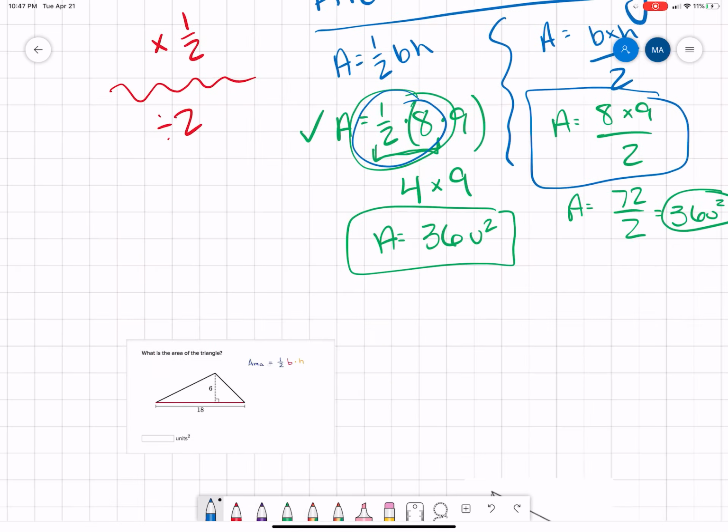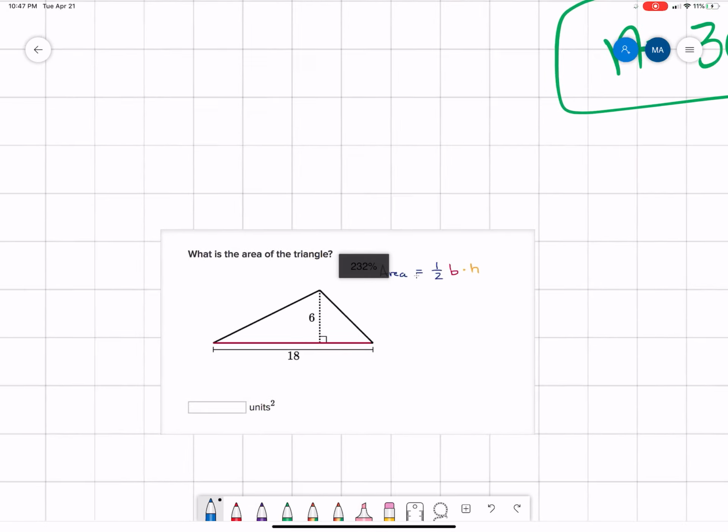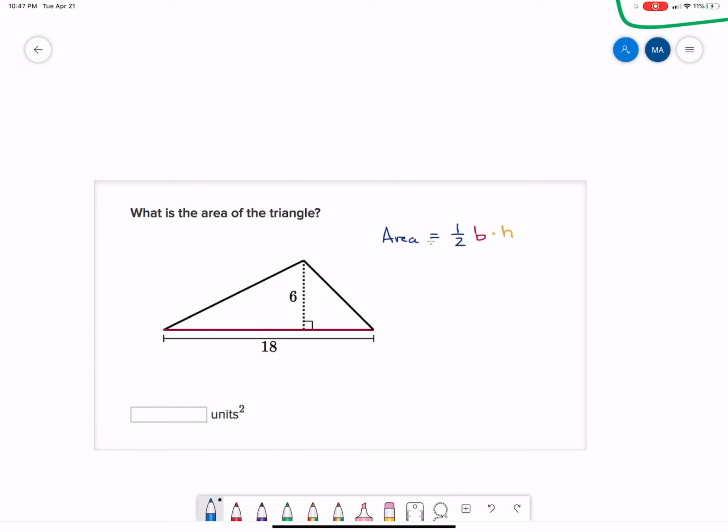Okay, so I want to look at this example. This is technically what we call an obtuse triangle. This angle up here is bigger. Remember I told you yesterday the height and the base meet at a 90-degree angle.